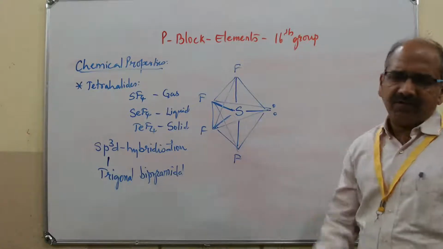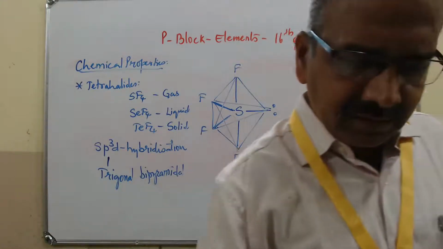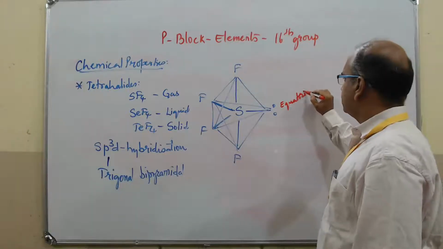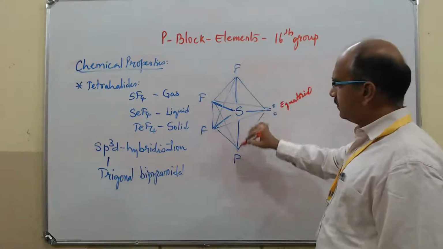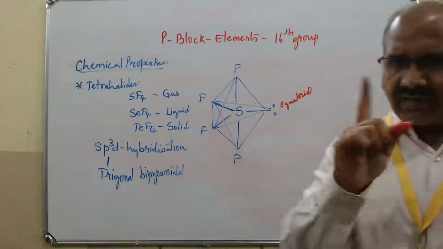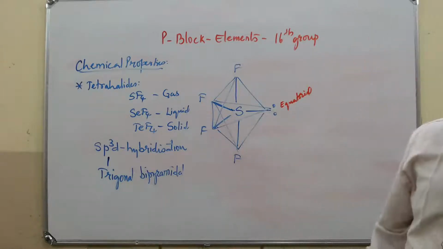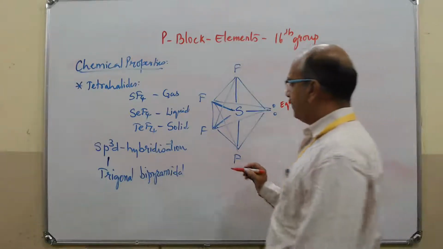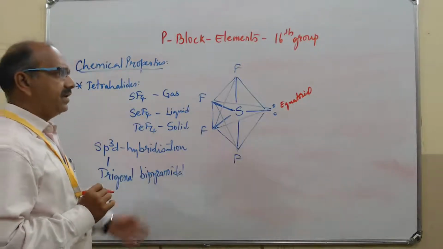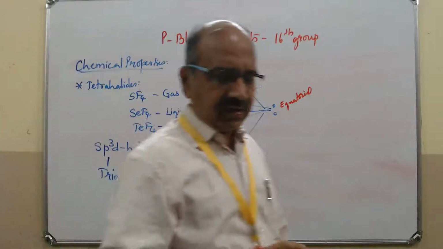The lone pair of electrons is at the equatorial position. It is not on the axis. If the electrons were here or here, those would be the axial positions. Such a geometry, we call the seesaw geometry, or trigonal bipyramidal structure as we have said.